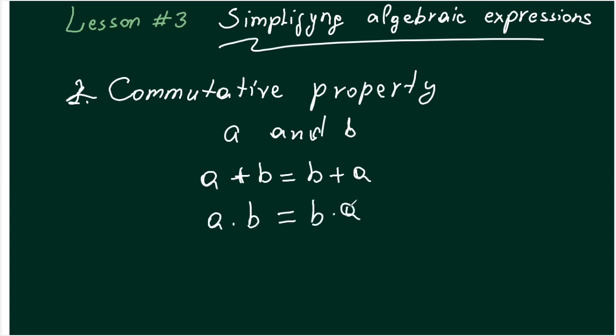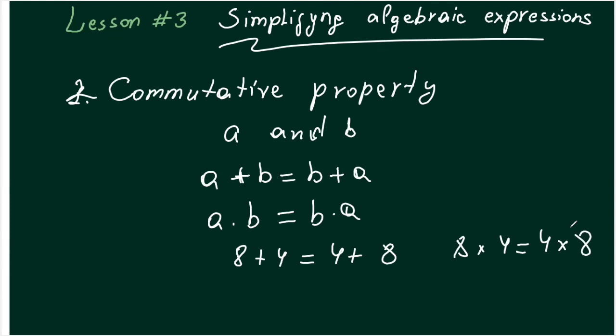The name comes from commute. No matter which way you put it, you are always going to have the same answer. For example, 8 plus 4 equals 4 plus 8, or 8 multiplied by 4 equals 4 multiplied by 8. As you see, it works for addition and multiplication only.